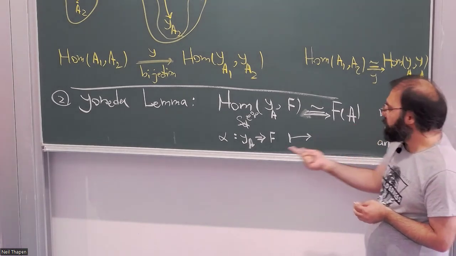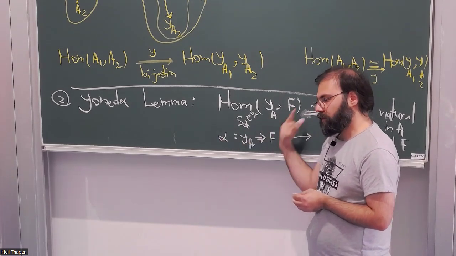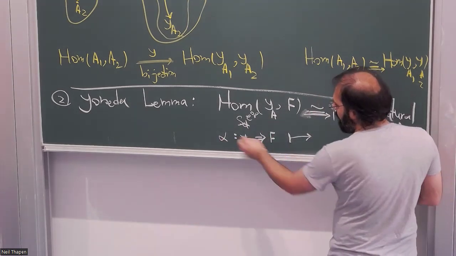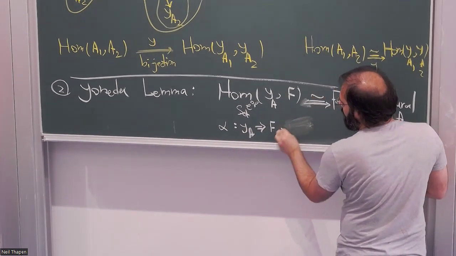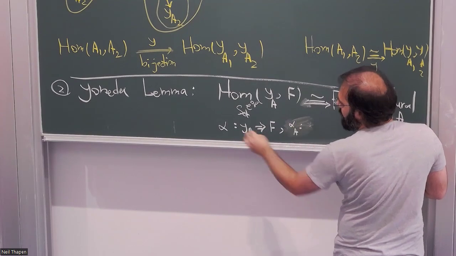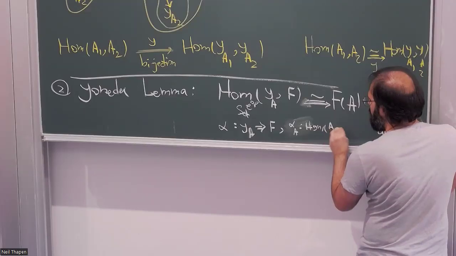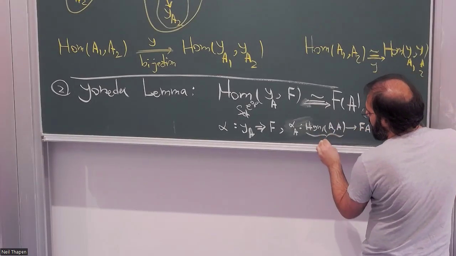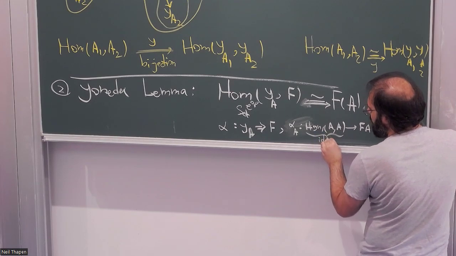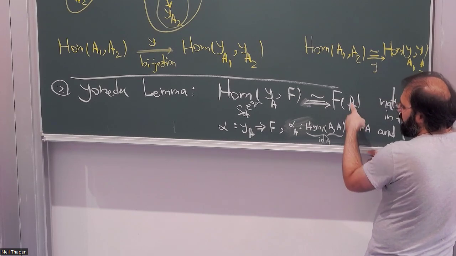Yes. If alpha is a natural transformation, it's defined for any element. So alpha A is from Yoneda A of A, which is hom(A, A), to F of A. And in this guy, there is one canonical element, the identity. So I can apply alpha A on identity A and I get something here.